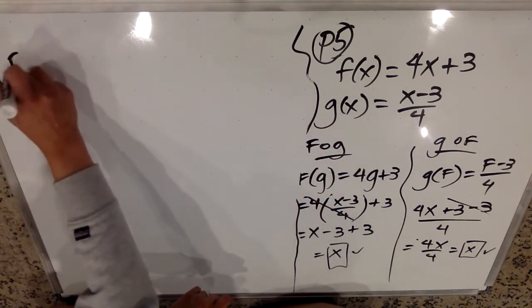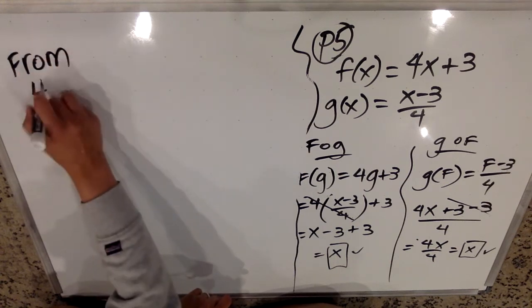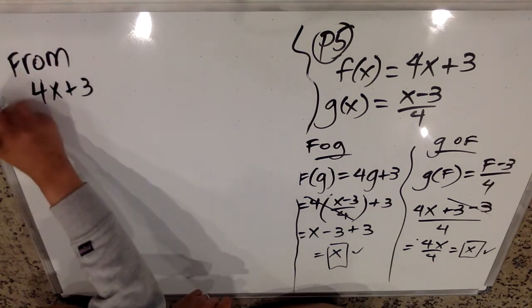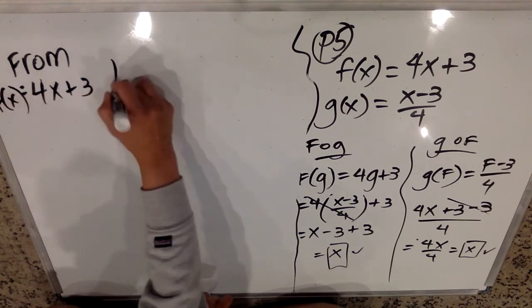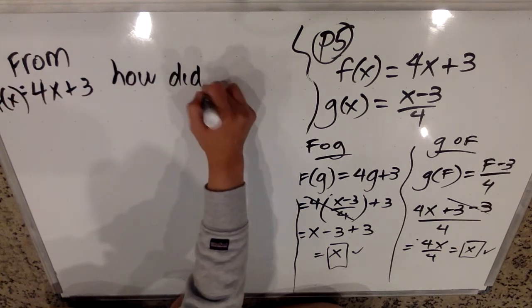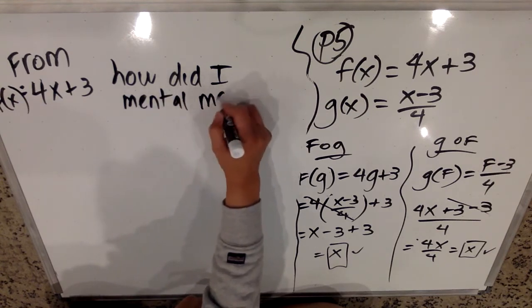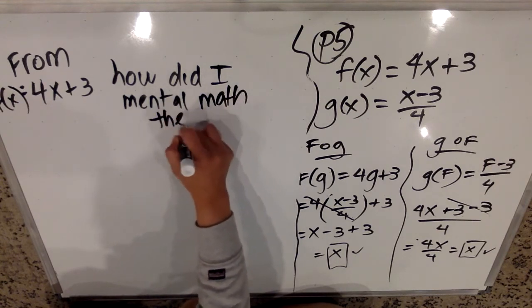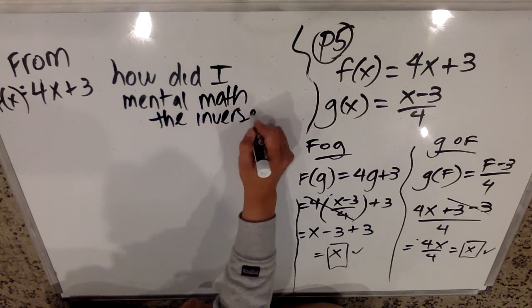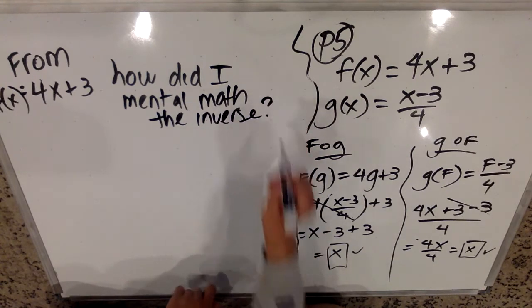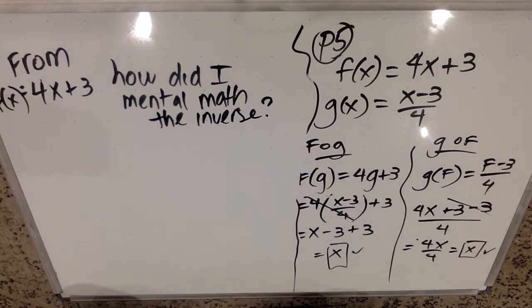So let's say from 4x plus 3, how did I mental math the inverse? And again, this is a shortcut that works really well with simple ones, but really not well with things like the ones that we saw that have x's on the bottom and the top.